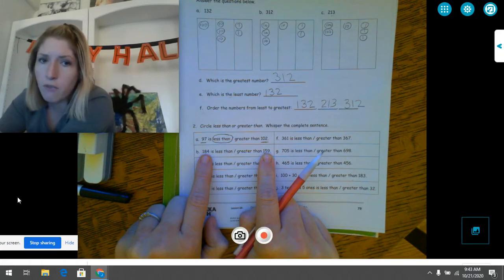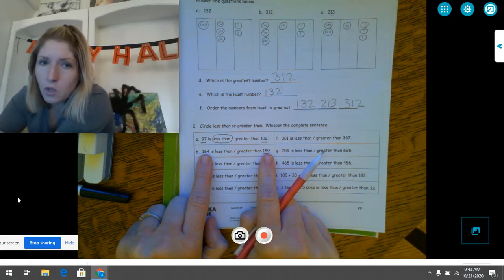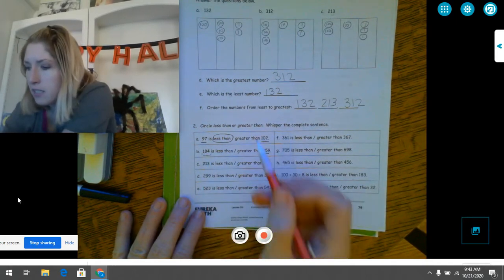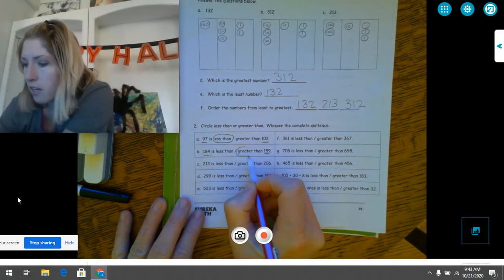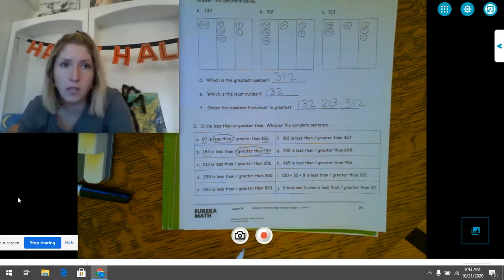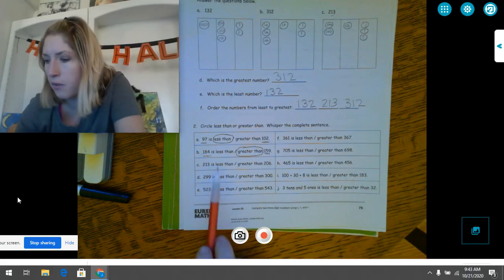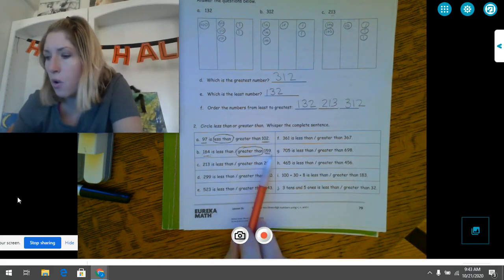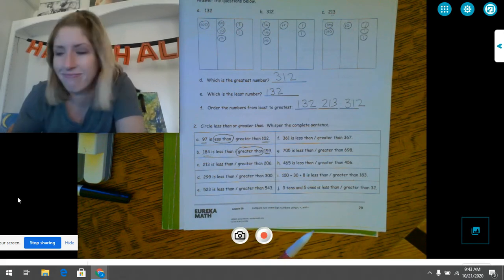So 184 is going to be bigger than this number. So what do we need to circle to make the sentence true? 184 is greater than, it is bigger, 159. So now let's read the whole sentence together out loud. 184 is greater than 159.